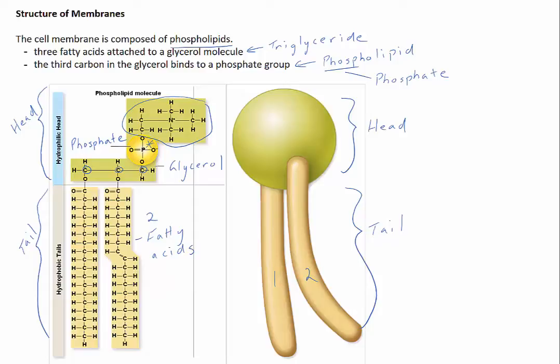This chemical structure gives phospholipids unusual properties in water. The phosphate head end is attracted to water, and another term for this is hydrophilic. Hydro meaning water, and philic meaning attracted to.